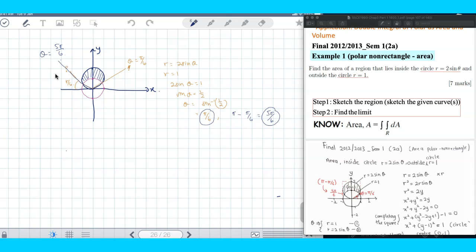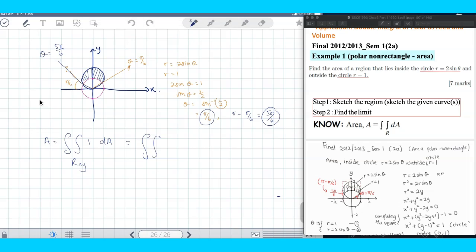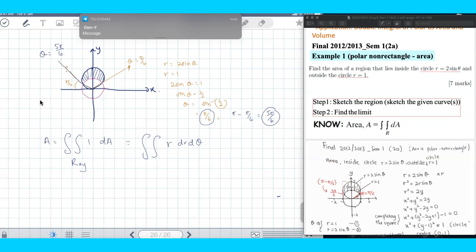So that is about theta. Okay. So now we want to find the area using a double integral. So the double integral of 1 dA over the region lying on the xy-plane. So we use polar, so we have r dr d theta. Okay. So the limit of theta, we can look at this.